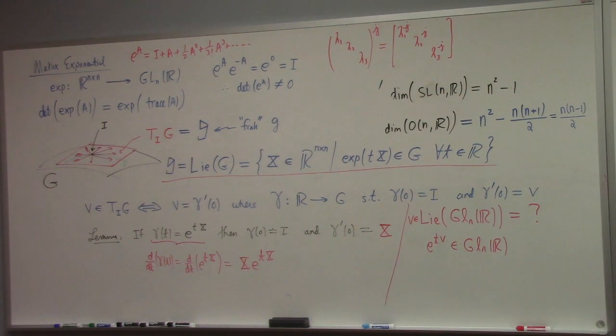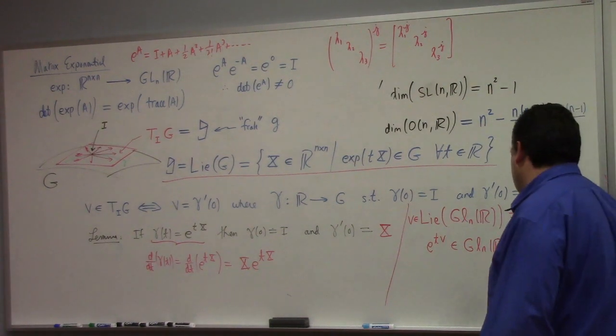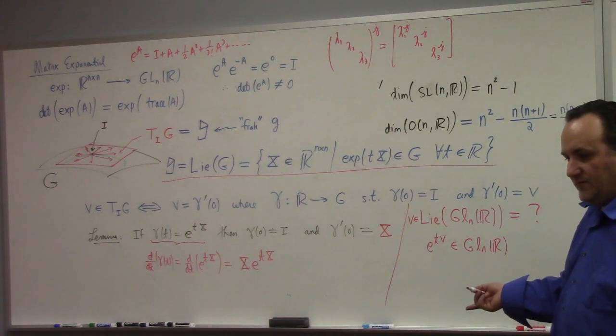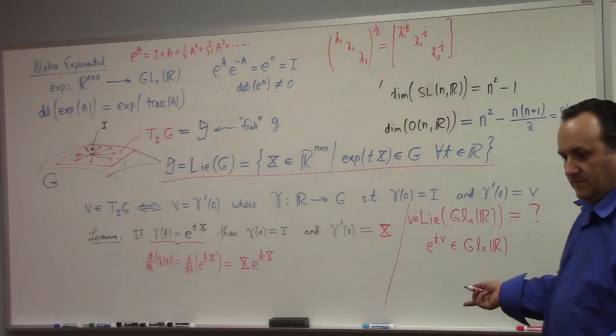This is a horrible example to start with. There's nothing to see here. It's automatically true, right? In fact, it's automatically true not just for invertible matrices. It's true for V being any matrix whatsoever. So this is a tautology. It's automatically true for any V, for all t.